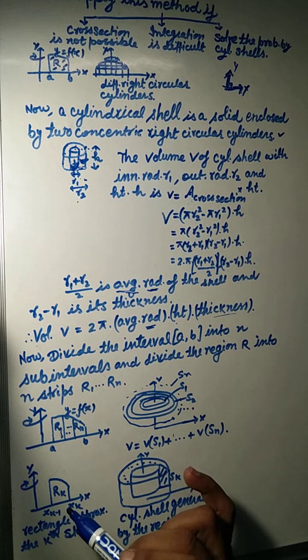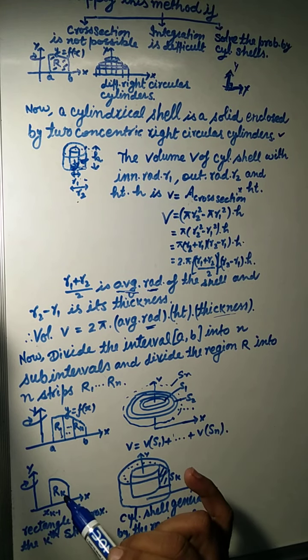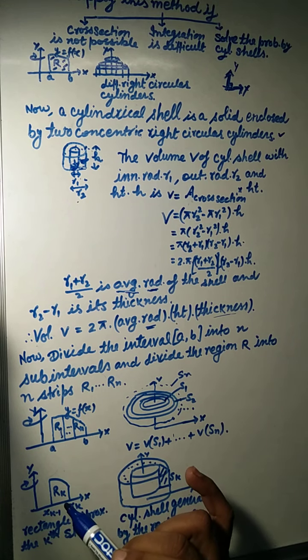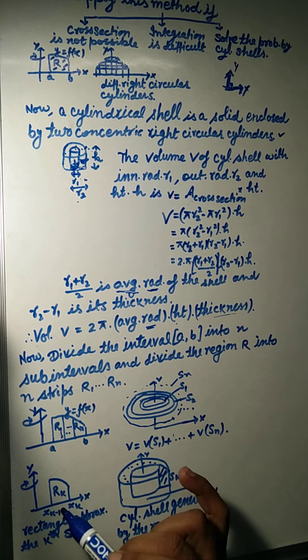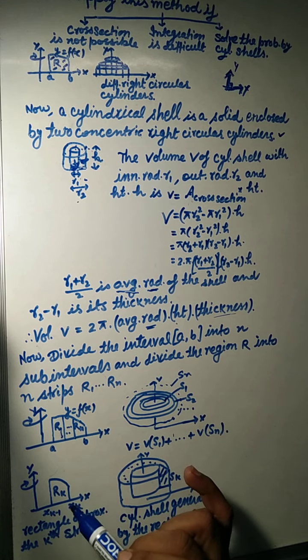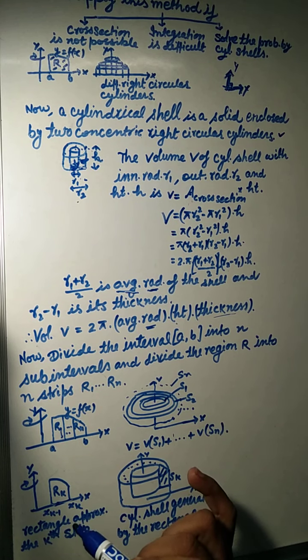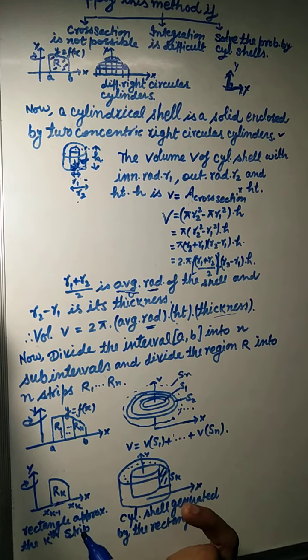So generally, if we have the kth strip in region Rk, with thickness between x_{k-1} and x_k, we can take a rectangle to approximate the kth strip.